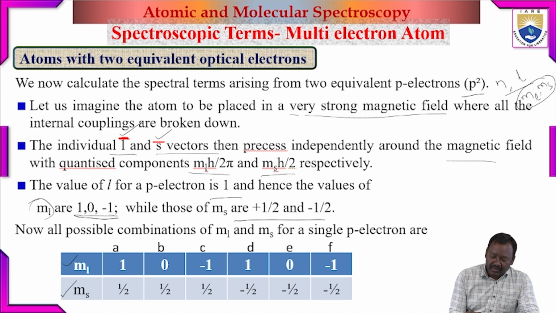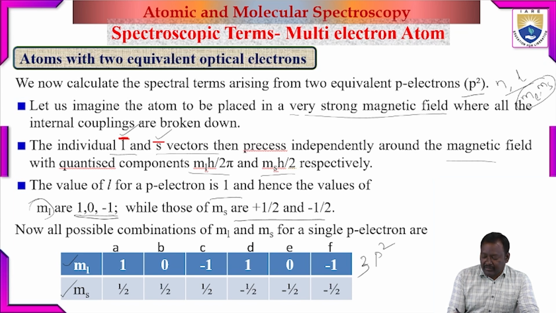For example, with electronic configuration p2, the principal quantum number may be 2 or 3 or 4, whatever it is, but the two electrons are in the same orbital.